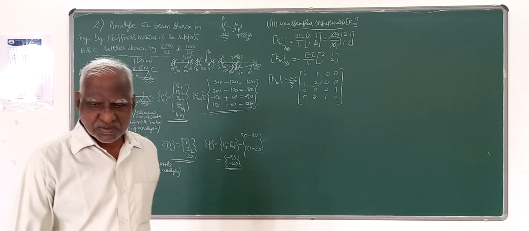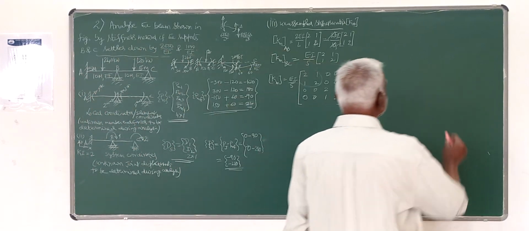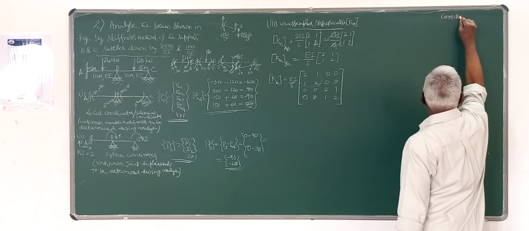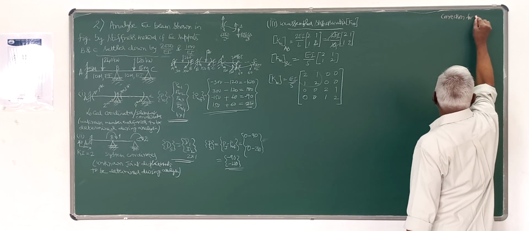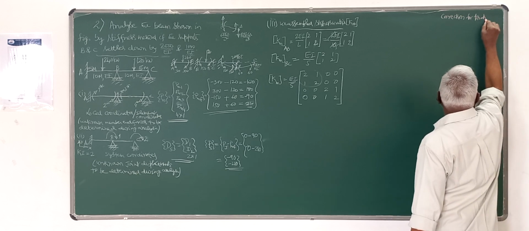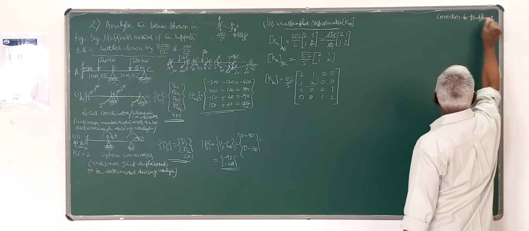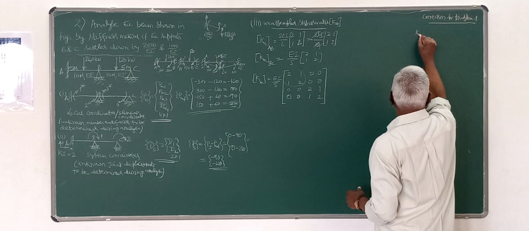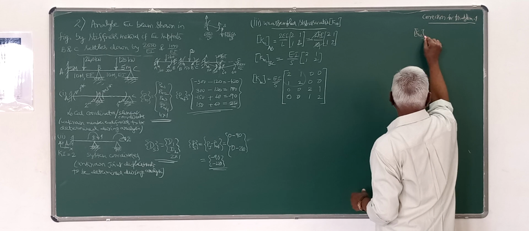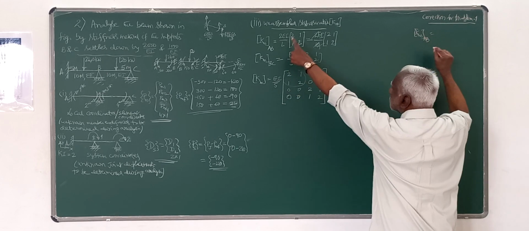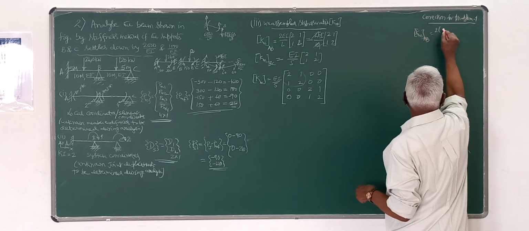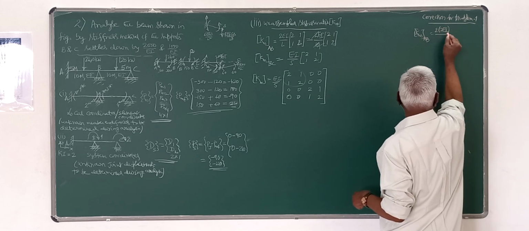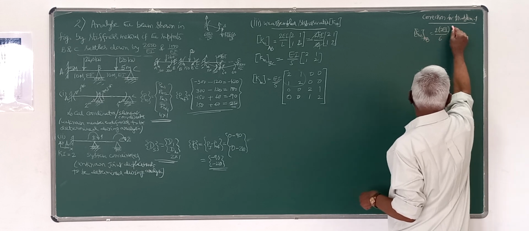For the previous problem, I will give the correction here. The correction for problem 1, which we gave in the previous class: Km for that member AB is 2EI by L, where the EI value is 2EI, that was the value given, and the length is 6.